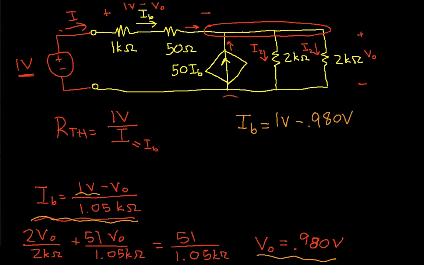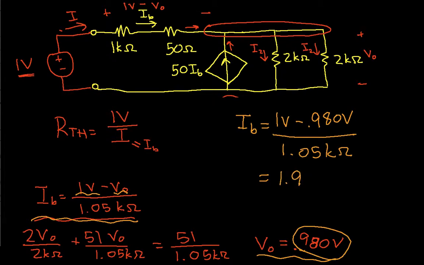That's this 1 volt minus V0, and V0 is given by this, divided by 1.05 k ohms, which when I work, I get that IB is 1.90 times 10 to the minus 5 amps. Okay, I could call that 19 microamps.